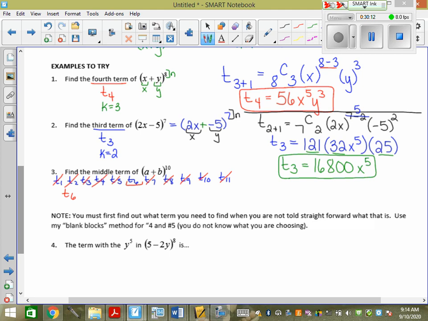Finding term 6 means k is what? K is 5. X is A, Y is B, N is 10, and we get t, 5 plus 1 equals 10C5, A to the 10 minus 5, B to the 5.